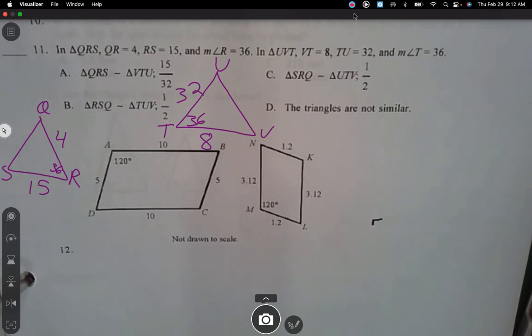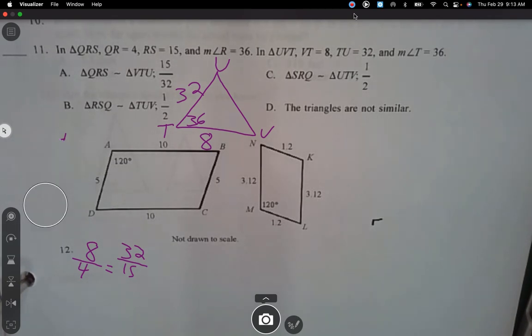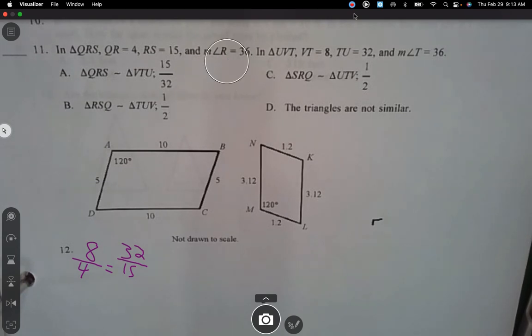Basically, I just kind of flip this around. But 8 over 4, they go together, and 32 over 15. 8 over 4 is 2. Is 32 divided by 15 also 2? No, that's why not. It had to be equal. You had to get the same number if you divided them, okay? So if you don't, then they're not similar.